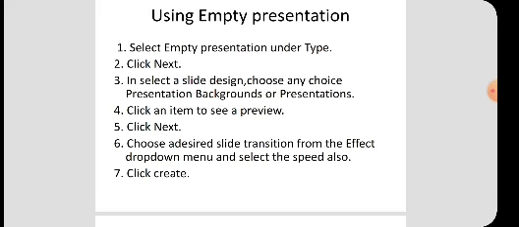So each one has a list of choices for slide designs. If you want to choose any one, then click the next button. And if you want to see the preview, we have to click an item to see a preview. And then click next, and then choose a desired slide transition from the effect drop down menu and select the speed also. And then next we have to click create. So a new presentation is created with the new effects.